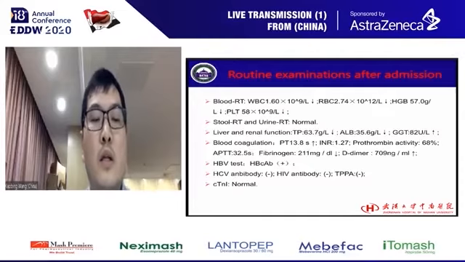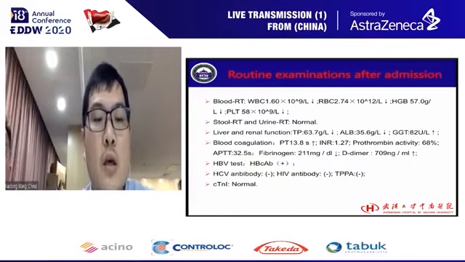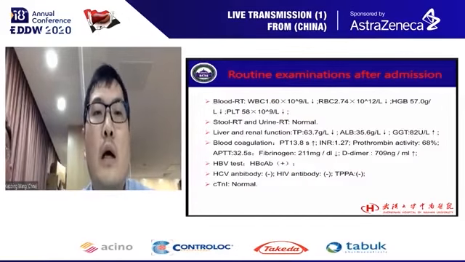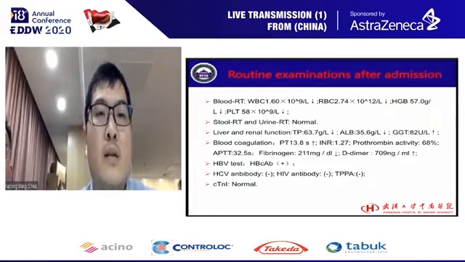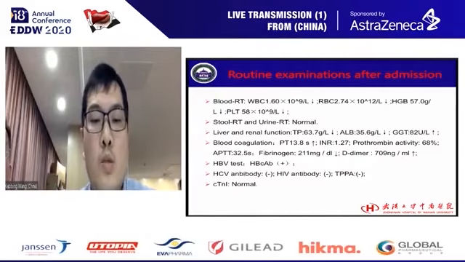After admission, the patient received some routine examinations. Blood RT indicated decreases of white blood counts, red blood cell counts, platelet counts, and hemoglobin. The stool RT and urine RT were normal.